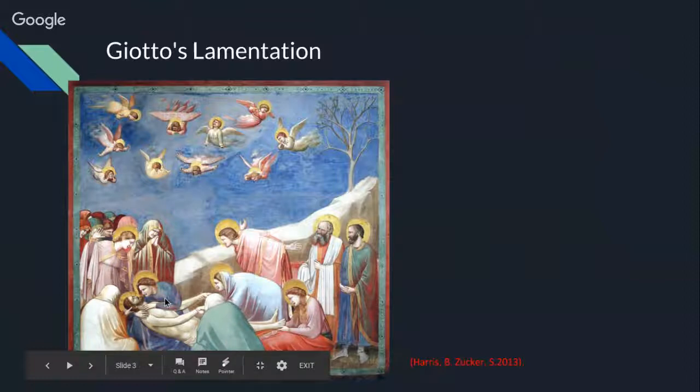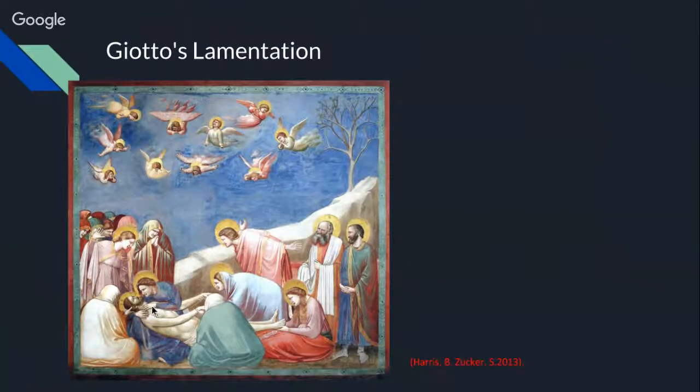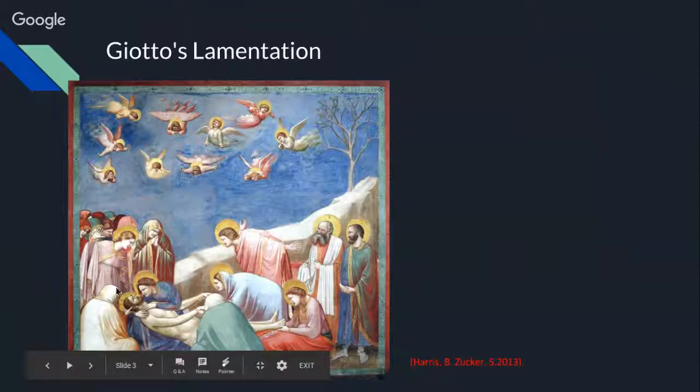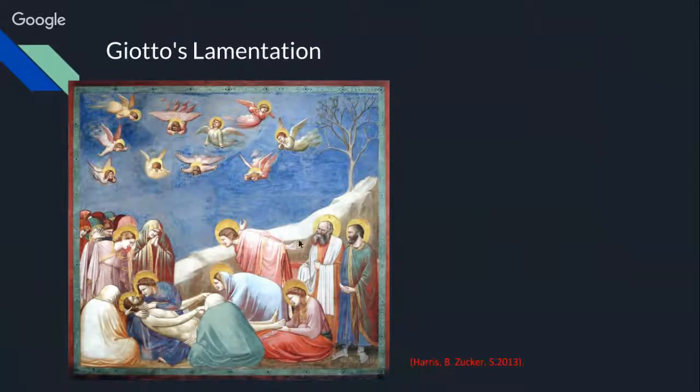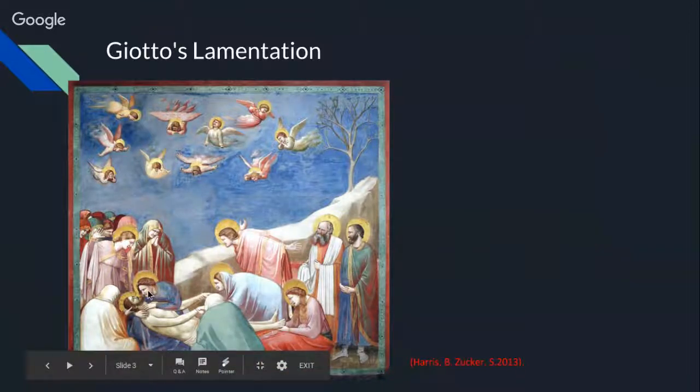And as we can see, Jesus Christ is not at the center of this painting. He is on the left side, but he is still the main center attraction. As you can see, everyone's faces are directed to Jesus Christ and Mary. The word lamentation means to grieve.